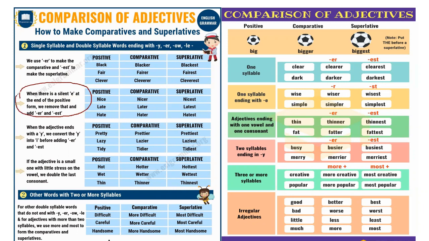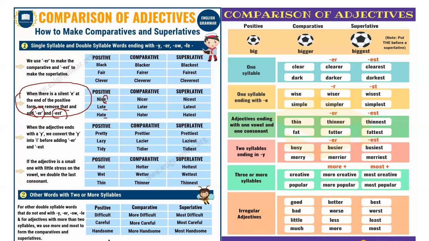Okay, let's talk about the second guideline for now. When there is a silent E at the end of the positive form, you have to remove that E and add ER and EST. For example, you have words ending with a silent E, right? Nice, late, hate. Nice, you don't pronounce the E, right?